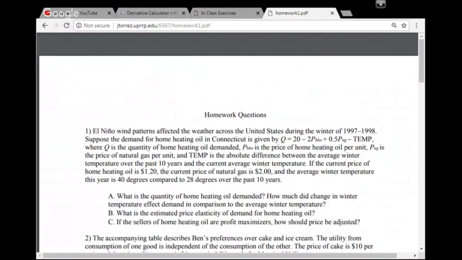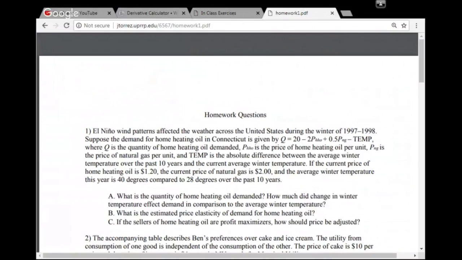So I have Q is equal to 20 minus 2, and what's the price of home heating oil? $1.20 plus 0.5.